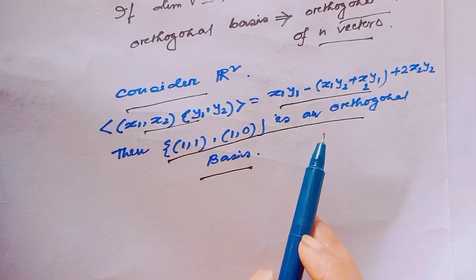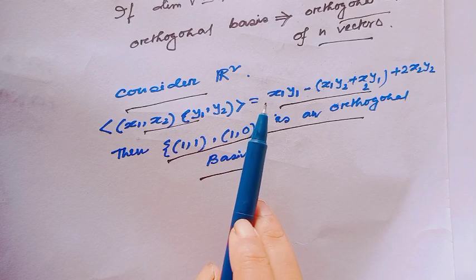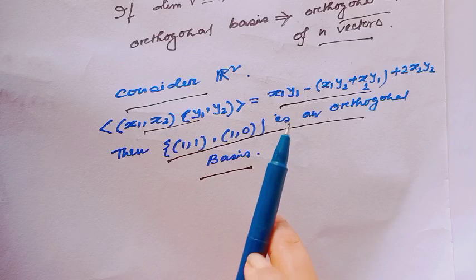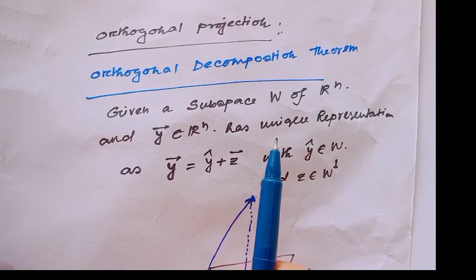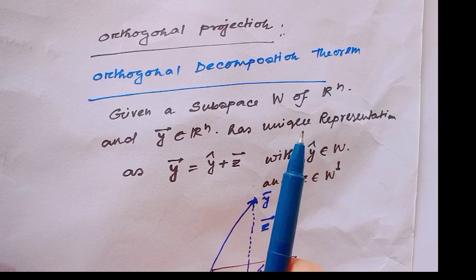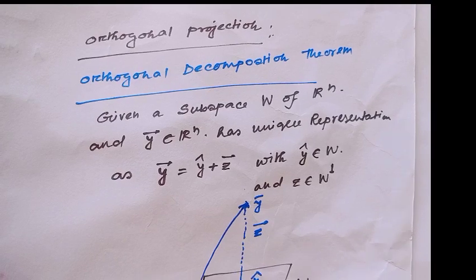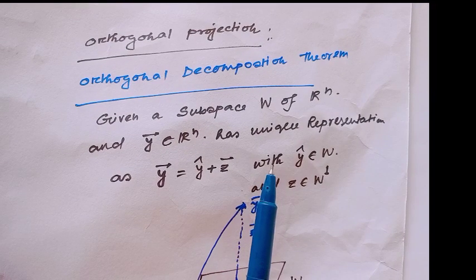So this vector is a basis of R2. Are you getting it? When is an orthogonal set a basis of the vector space? See, the orthogonal projection which I had discussed in my previous video. Just recall it, because I have told you this topic is just the basic part.